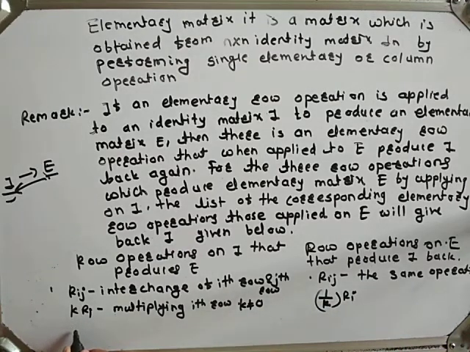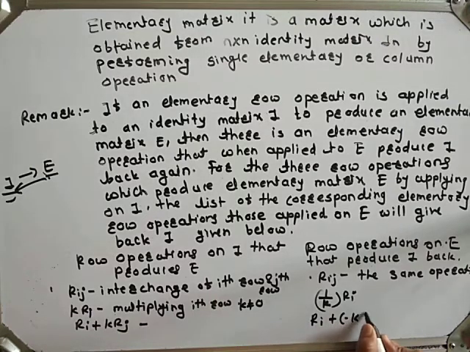The last row operation is Ri plus K into Rj, that means add K multiples of row Rj to the corresponding elements of row i. The row operation on E that produces I back is Ri minus K into Rj.